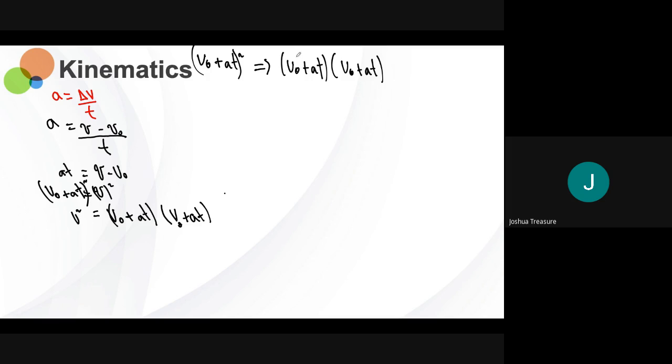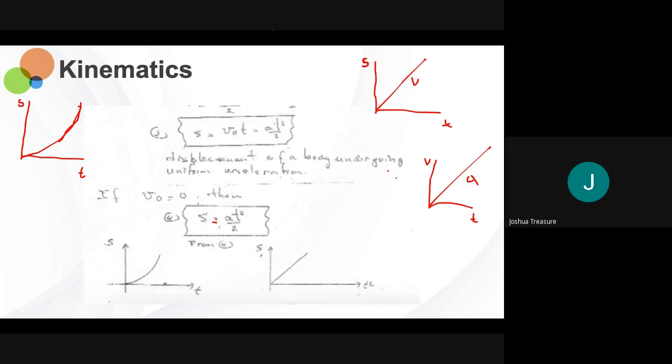So we're in the process of proving another equation for linear motion. That's what we're doing now. We proved this one last week: S equals v0 t plus at squared over 2. Now we'll go ahead and prove another one. You might see a question on your exam.